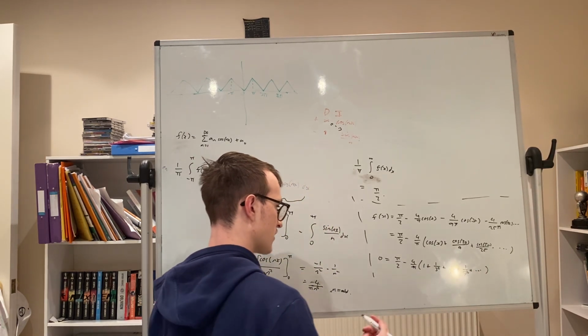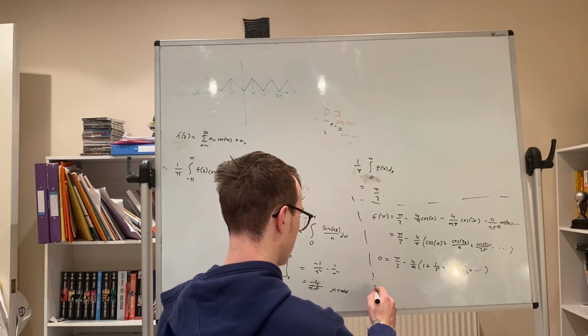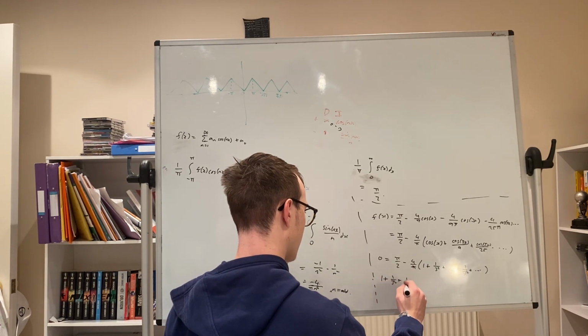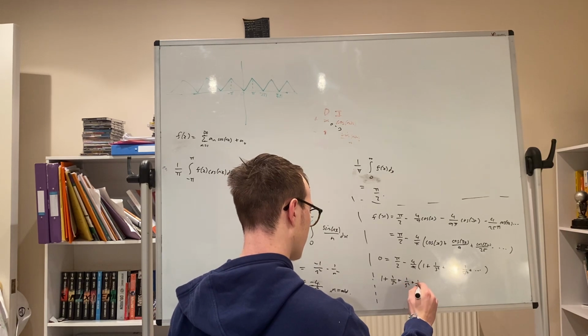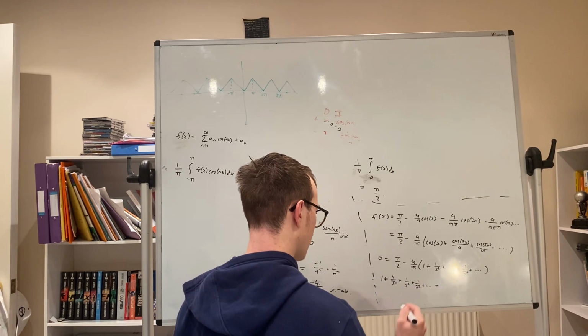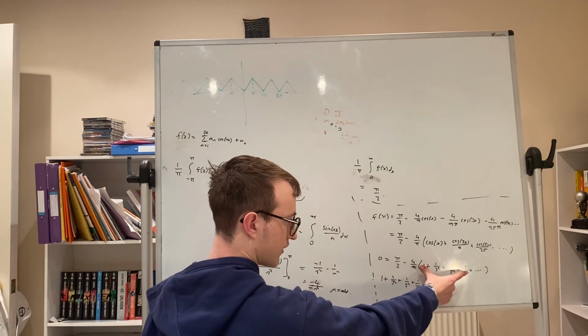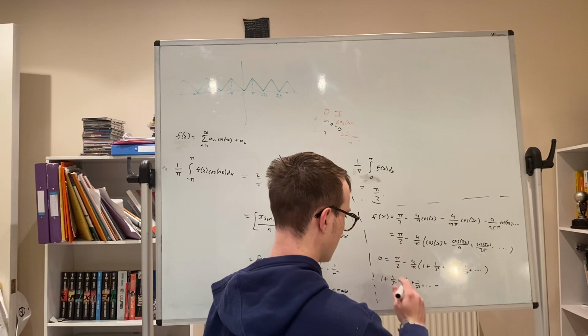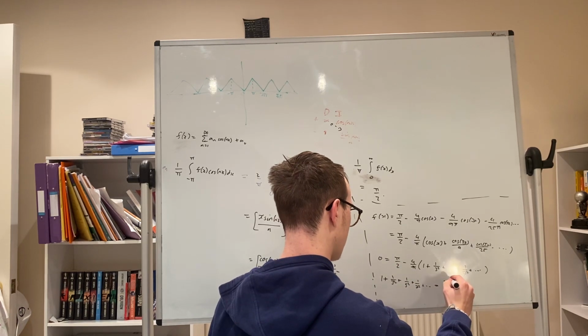Then, if I rearrange this, I just get 1 plus 1 over 3 squared plus 1 over 5 squared plus 1 over 7 squared and so on is equal to, well, if I add this whole thing on both sides and then times by pi over 4 on both sides, we get pi squared over 8.